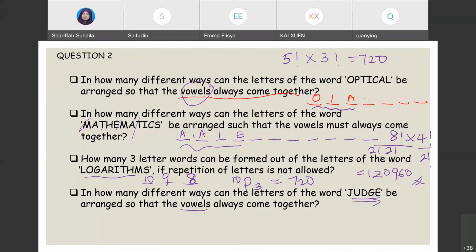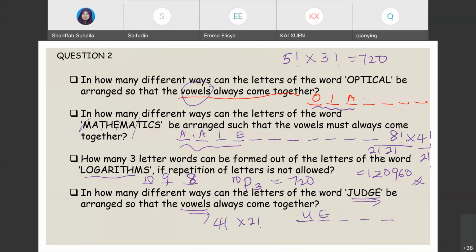Okay, the last one. Here you have 1, 2, 3, 4, 5. We have U, E. The others can be anything. So that is one row. So we have 4 factorial times 2 factorial.